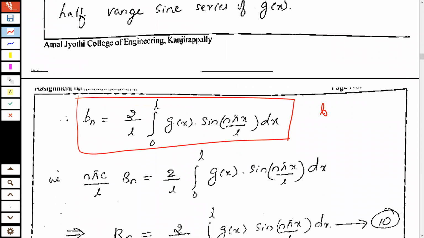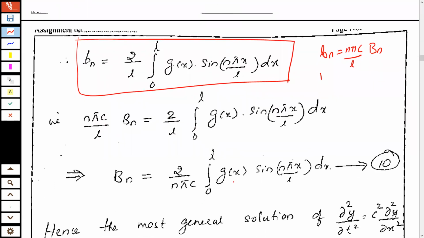But small bn was n pi c divided by L into capital Bn. Therefore, we can substitute for small bn, that is n pi c by L into capital Bn is equal to 2 by L into integral 0 to L g of x into sin n pi x by L dx.